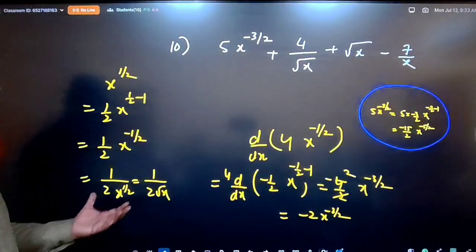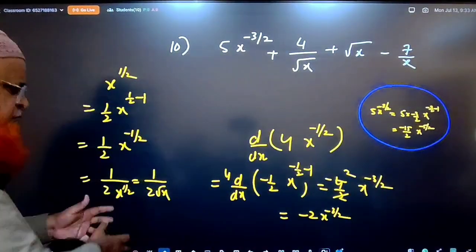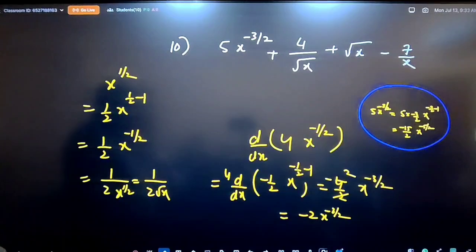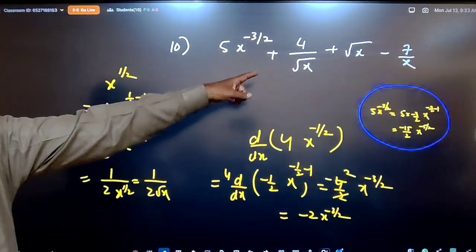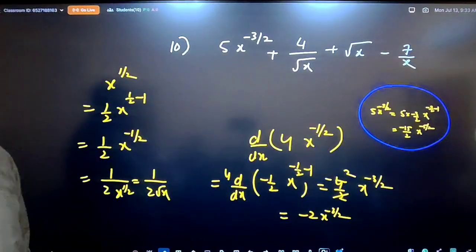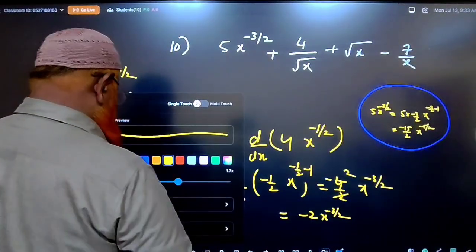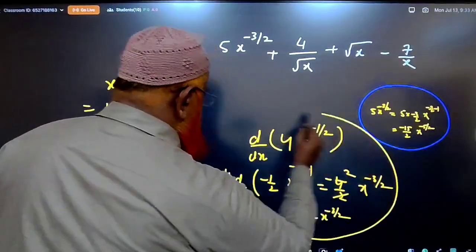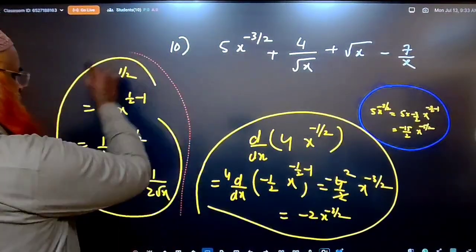Instead of doing this again and again, there is a direct method. If you know this process, no need to do it again and again. Differentiation of root x becomes 1 by 2 root x. That's it. You can write this directly here. So I have taken this part separately.